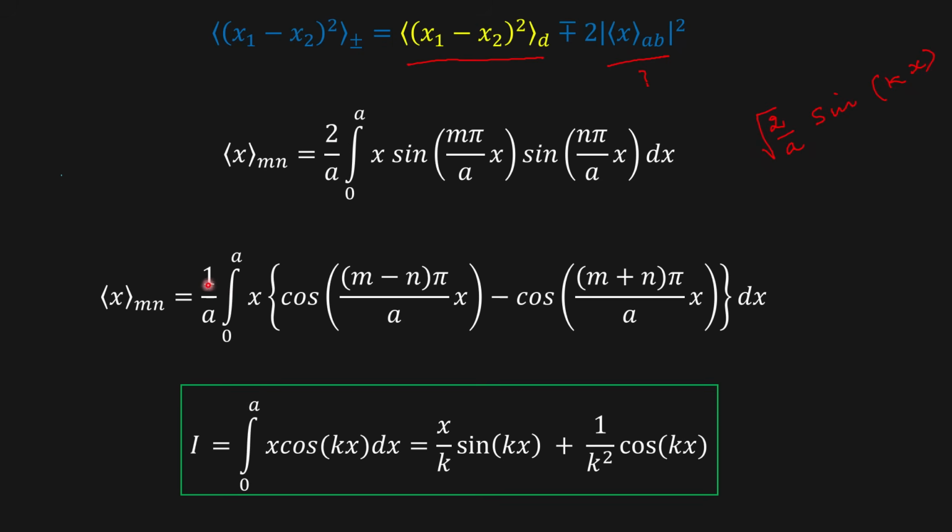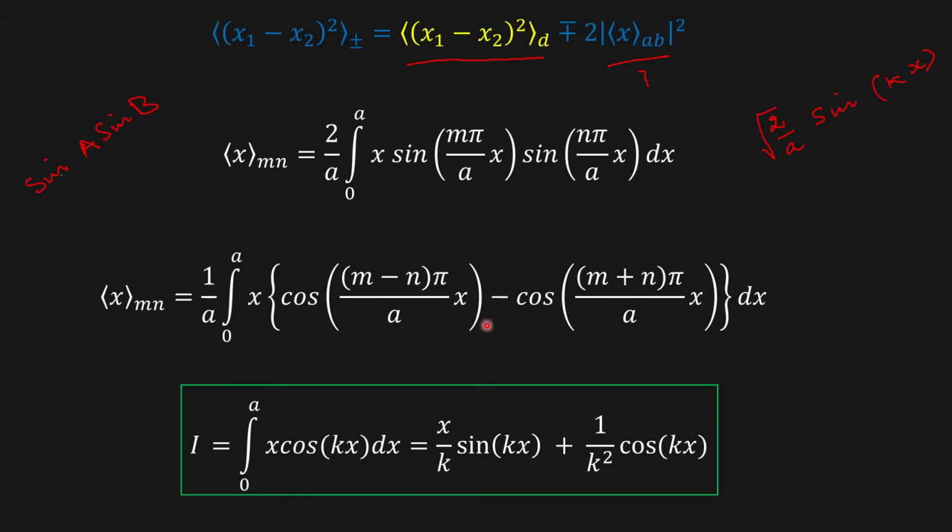So you will get simply 1 over a, and here sine A into sine P is equal to one half of cos(A minus P) minus cos(A plus P).